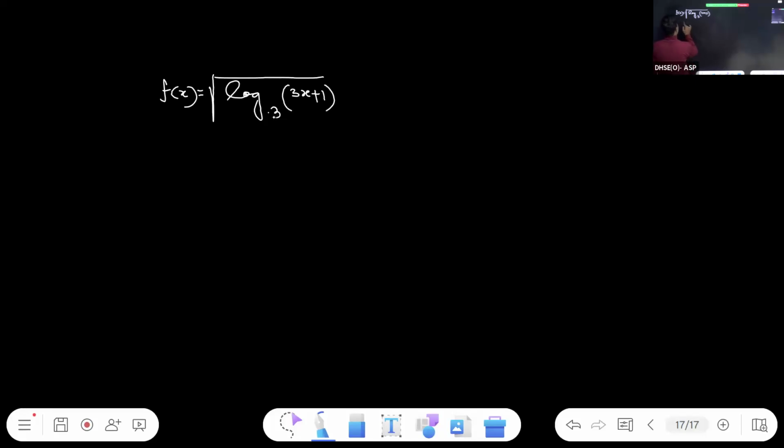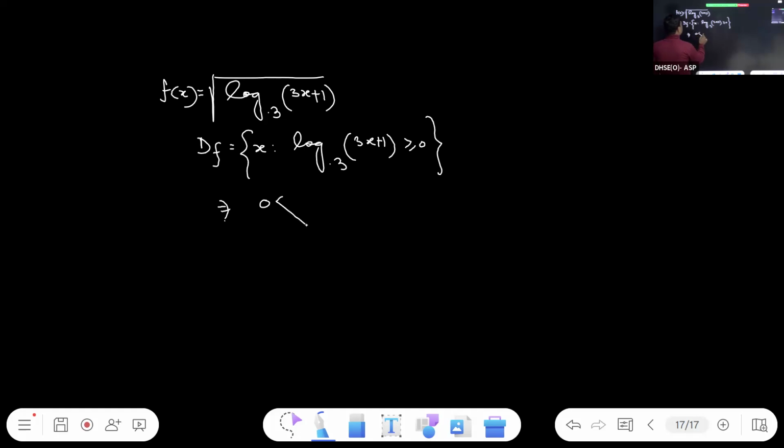So for the function to be defined, the under root expression should be greater or equal to 0. Set of all x such that log of 3x plus 1 to the base 0.3 should be greater or equal to 0. Alright, so this implies 0 less than 3x plus 1 less or equal to 1.